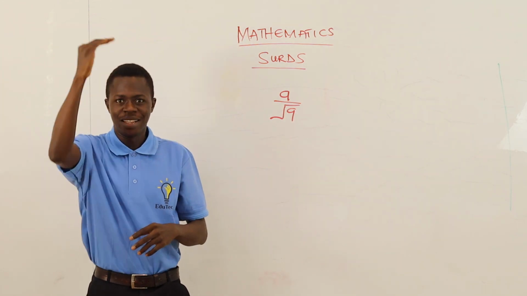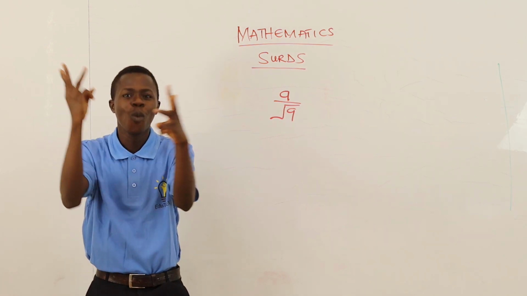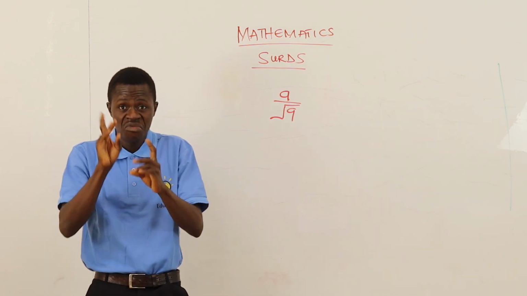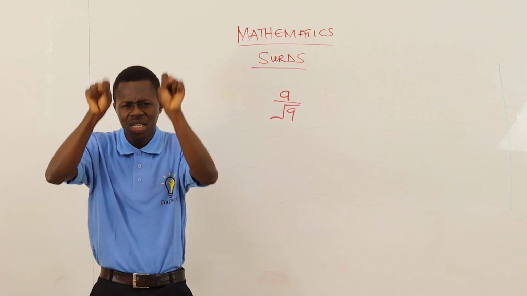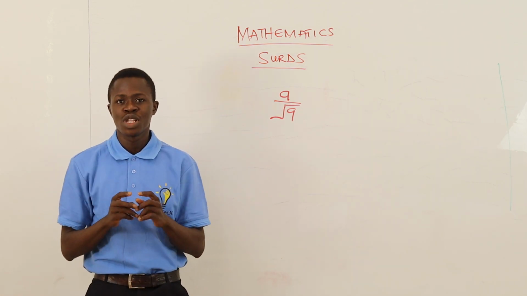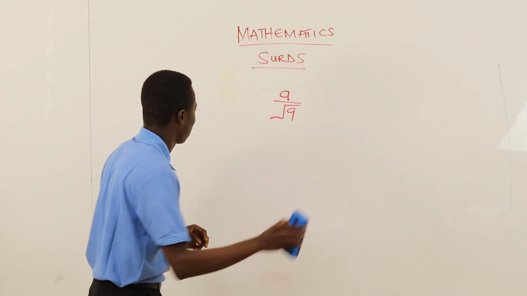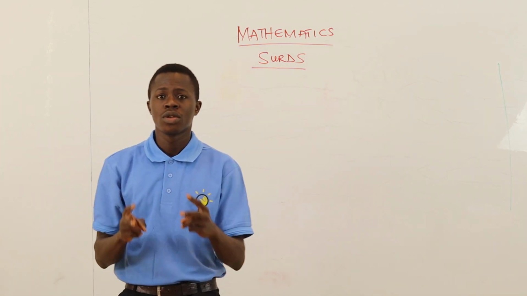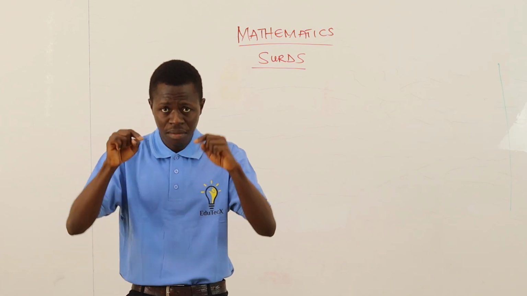Yes. Multiply how? You multiply square root 9 by the numerator and you multiply square root 9 by the denominator. Yes. If you do that, then you are going to solve this example very well.